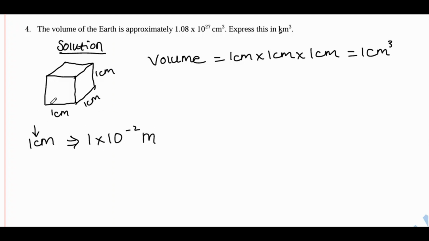Now we already have the length here, which is 1 times 10 power negative 2 meters. And now we need to introduce our new prefix, which is K. Now we have 1 times 10 raised to power negative 2, and introducing means division by the factor of that prefix that we need, which is 10 power 3. Now division tells us to subtract the indices. So we have 1 times 10 raised to power negative 2, and then we subtract 3.